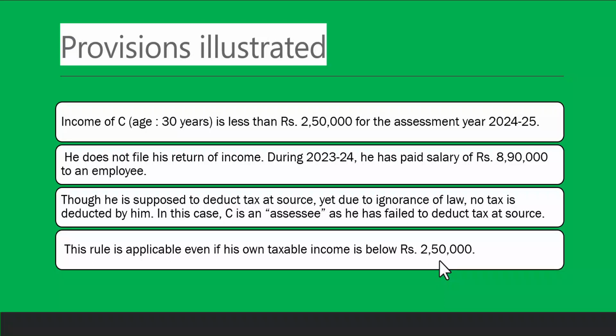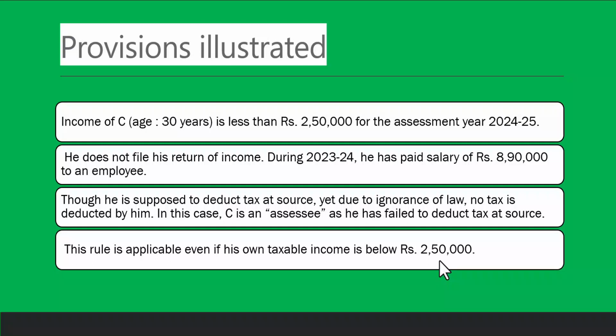But if I am paying some money to someone, suppose my income was 9.5 lakhs, and I pay a salary of 8,90,000 to you. So my income is just 60,000, and I don't have to pay any tax. But since I paid 8,90,000 to you, I have to deduct tax from your salary and deposit that money with the government. Is that clear? Okay, sir. Fine.